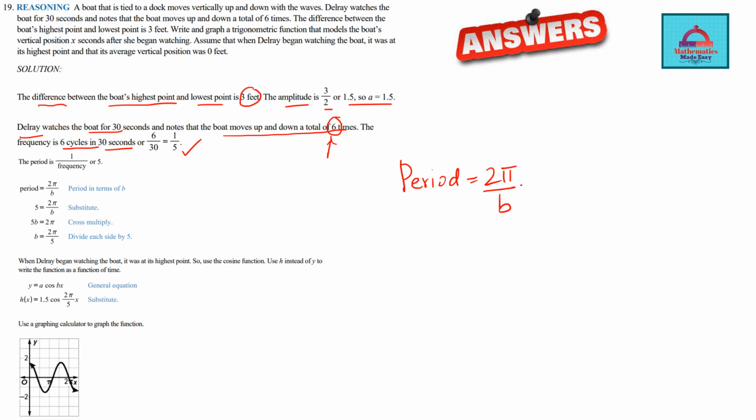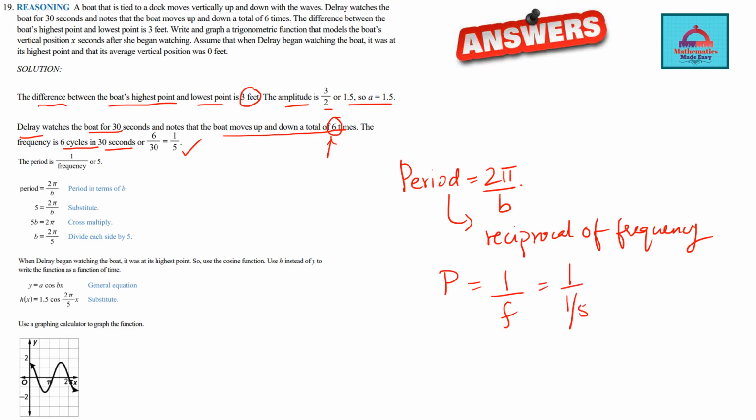And because period is by definition the reciprocal of frequency, if your frequency is 1 by 5, the period is going to be 1 over 1 by 5, so that is 5. Okay, so we've got a value of period.